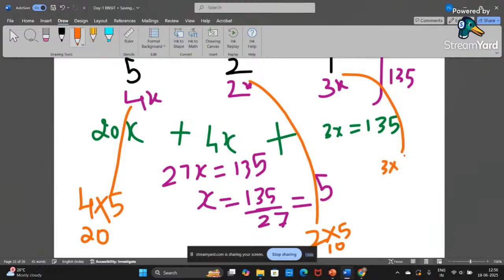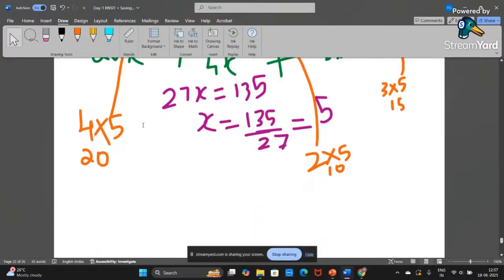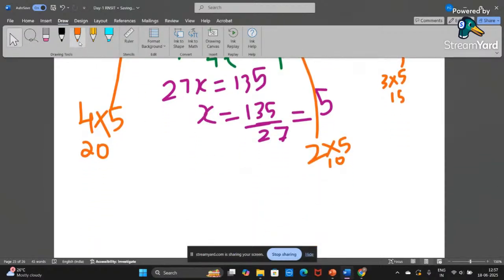To cross verify, just add all the values and check whether you will get 135. We know that there are 20 five rupee coins, 10 two rupee coins and 15 one rupee coins. Let us add all this. Multiply with their coin value and check whether you will get 135.